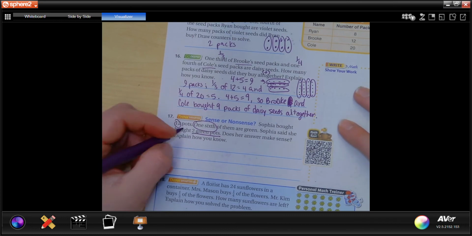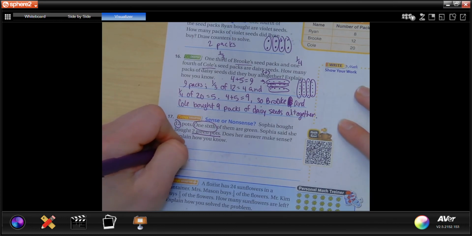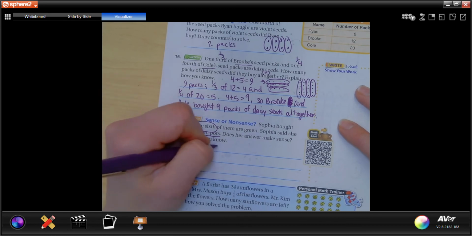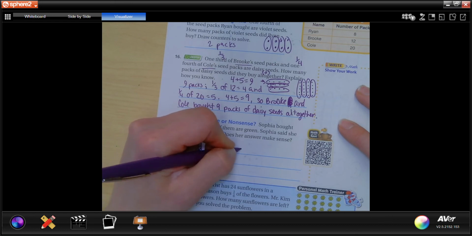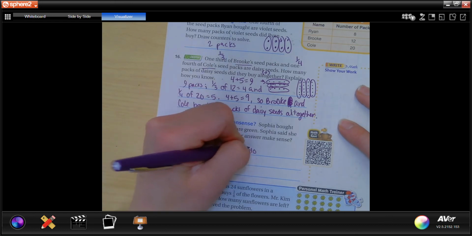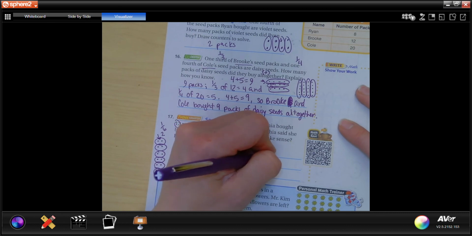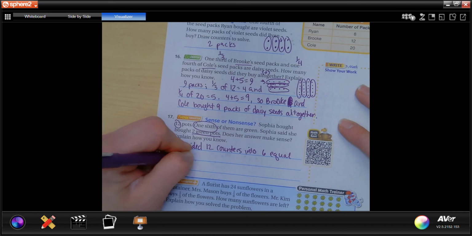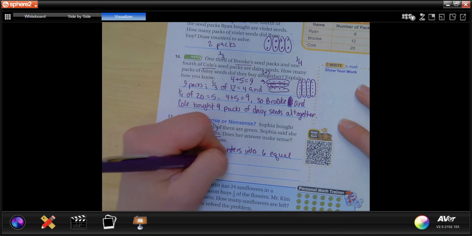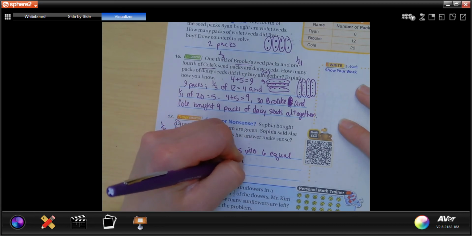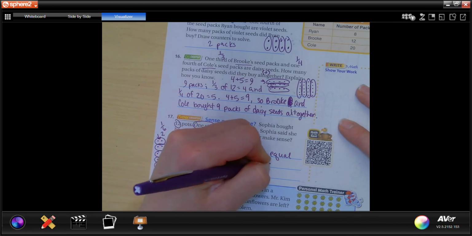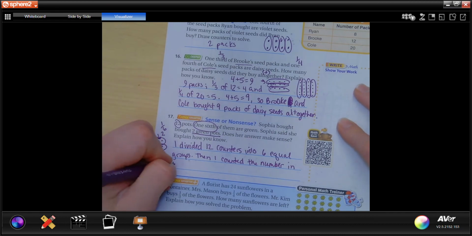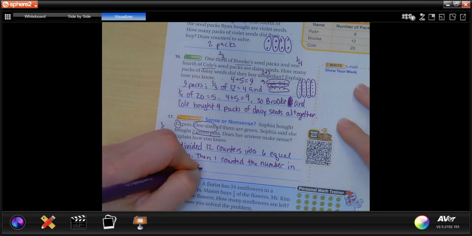It makes sense because I divided 12 counters into 6 equal groups. Then I counted the number in one of the 6 groups.